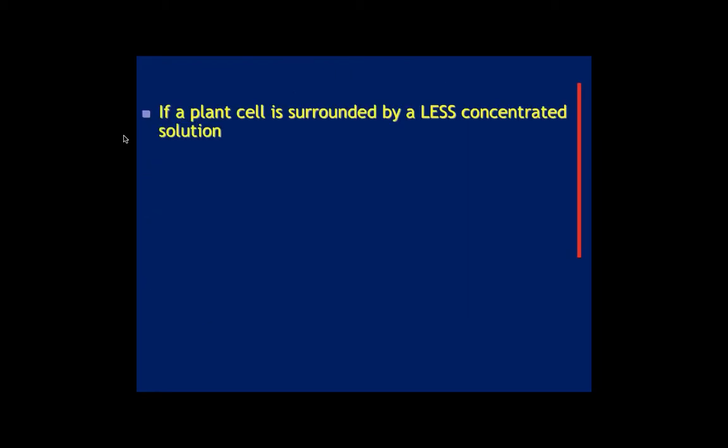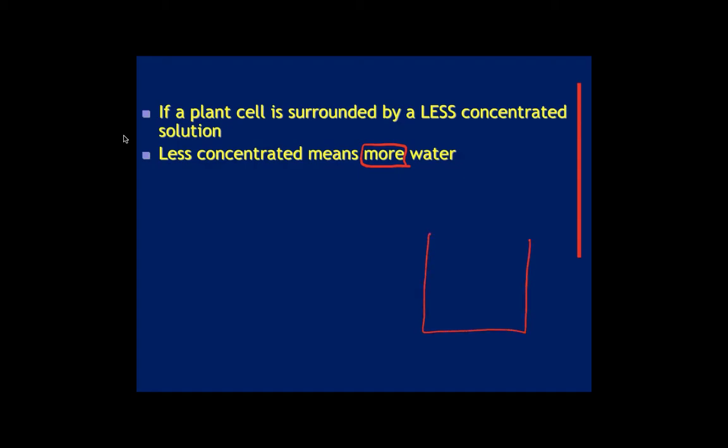So now the next scenario is if we put a plant cell into a solution that is less concentrated. So you have to remember now, what does less concentrated mean in the context of water? So less concentrated means that there's more water outside of the cell. So if this is our cell, like so, there is now more water outside.